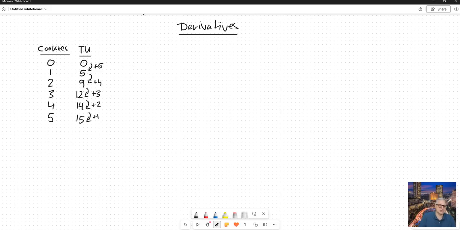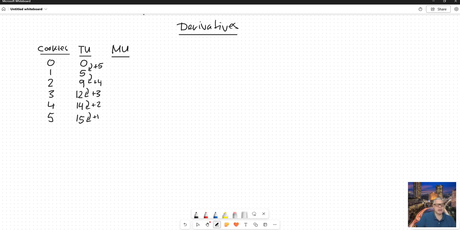So this is the marginal utility. Or actually, to be more specific, it is called the incremental utility. And the difference between incremental utility and marginal utility is that here we have an increment of 1. Marginal means it's not 1, it's very, very small, like 0.001.